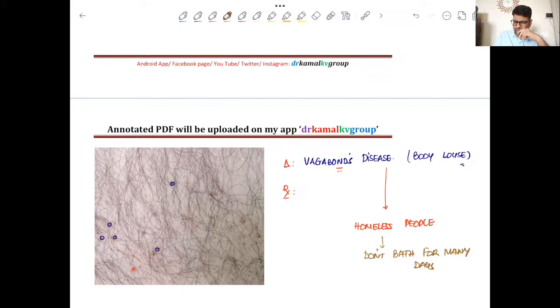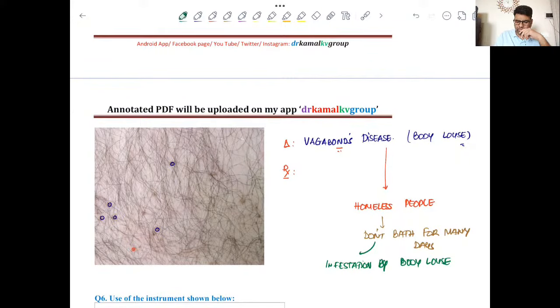So they get this infestation by body louse, and this body louse is found on clothes, especially seams, right?